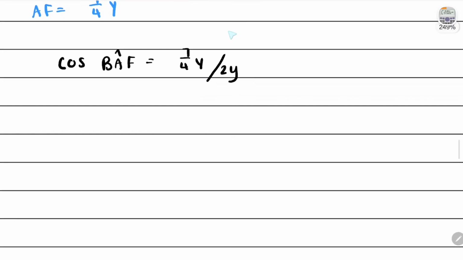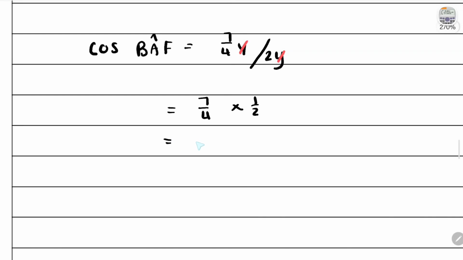Okay, so y's would cancel, and this is really just 7 over 4 divided by 2, which you can say multiplied by 1 over 2. And so that is just equal to 7 over 8. So we're saying that cos of angle BAF equals 7 over 8.